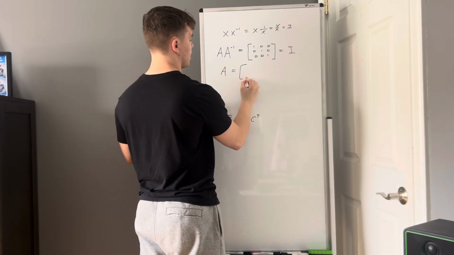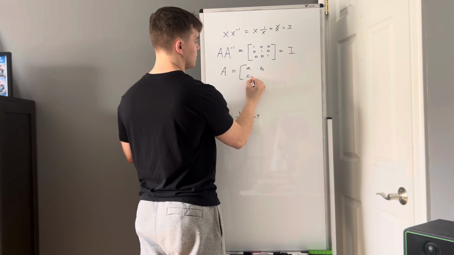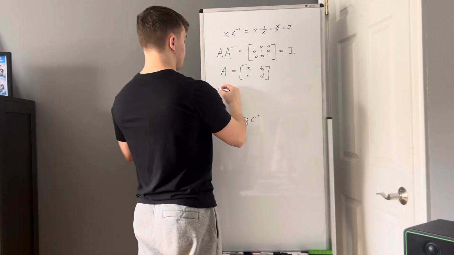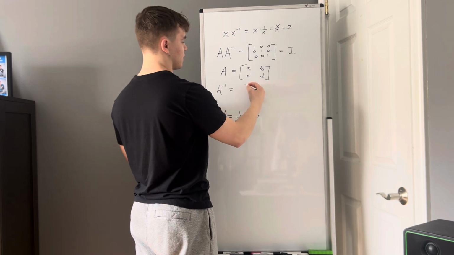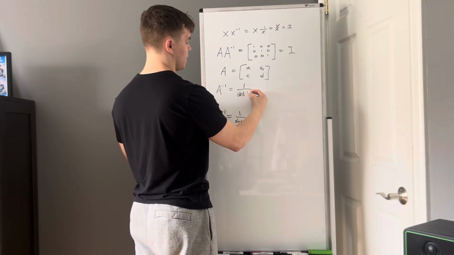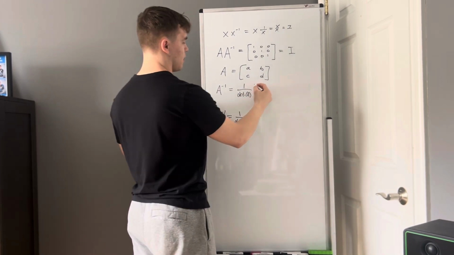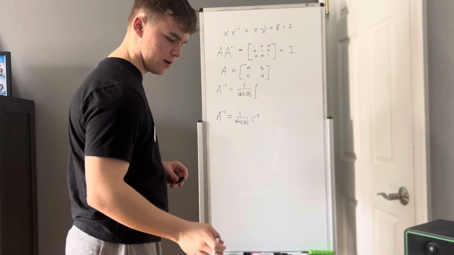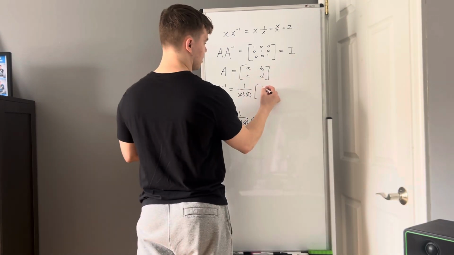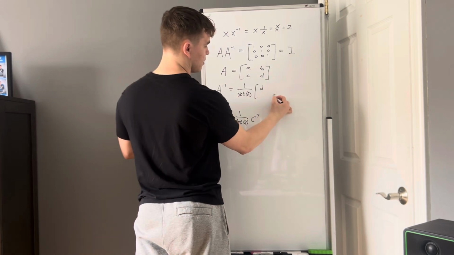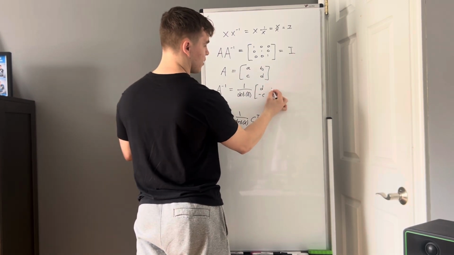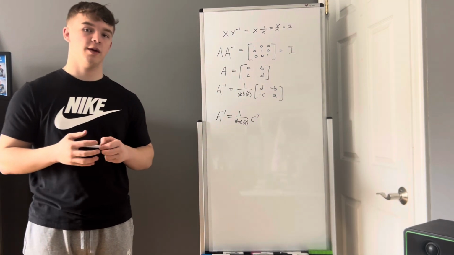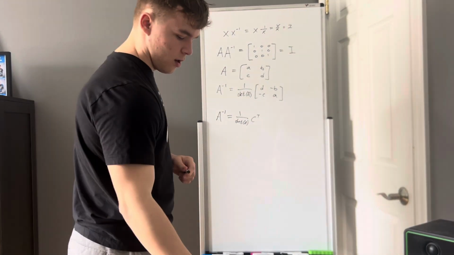This one I'll fill in with actual values, A, B, C, and D. Well, the inverse of this matrix is 1 divided by the determinant of that matrix times, let me make sure I don't get this wrong, we switch A and D, and we put a negative in front of C and B. And that's the inverse of a 2 by 2 matrix.